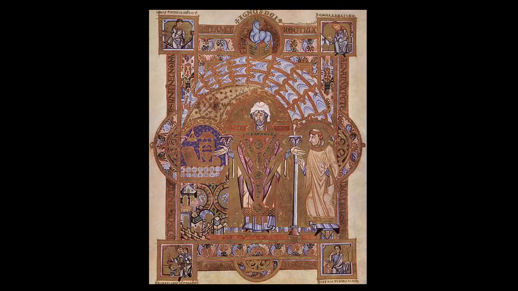Also, elements combining the religious with the contemporary political. So you'll see religious figures in some scenes, and in other scenes you'll see important figures from the day, from the period.